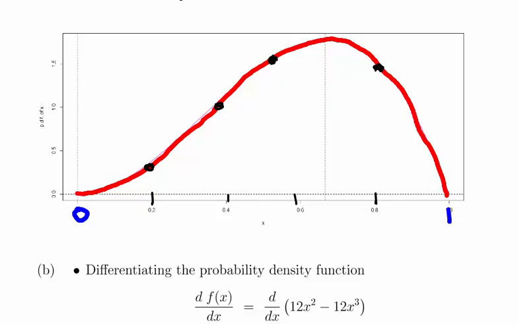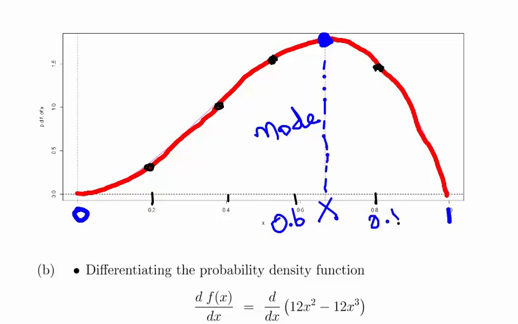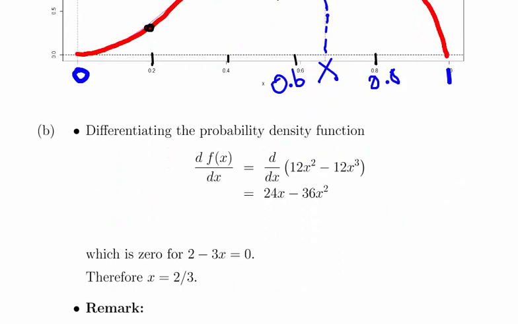Now, what we're looking for is the maximum value, or the highest point of the curve, which is up here. That's our mode. Essentially, the mode is the value of x where that occurs. It's between 0.6 and 0.8, so it should be around, judging by that graph, 2/3 or 0.66.